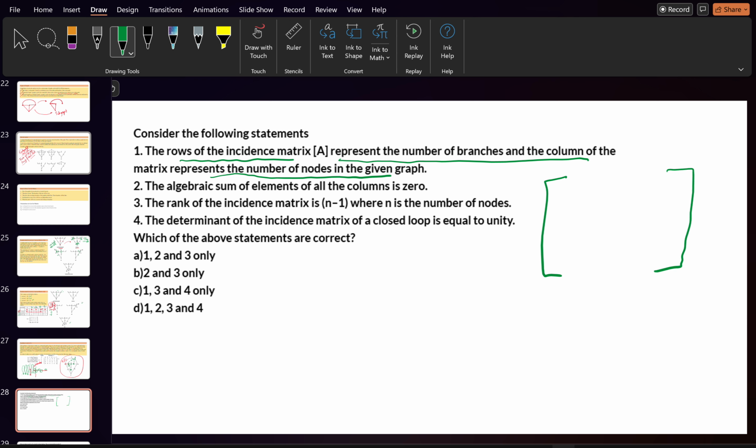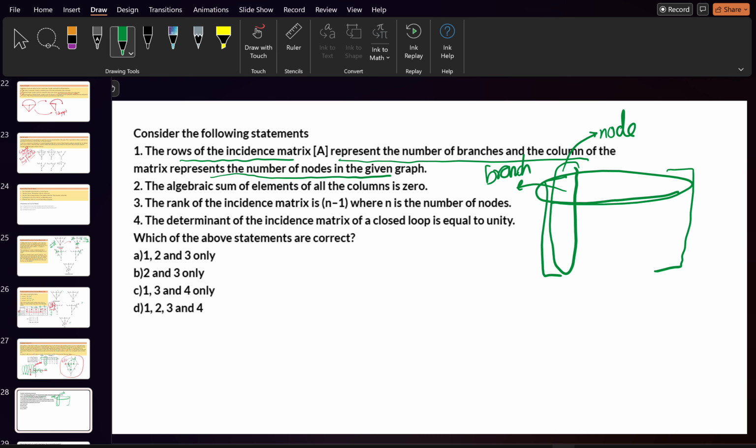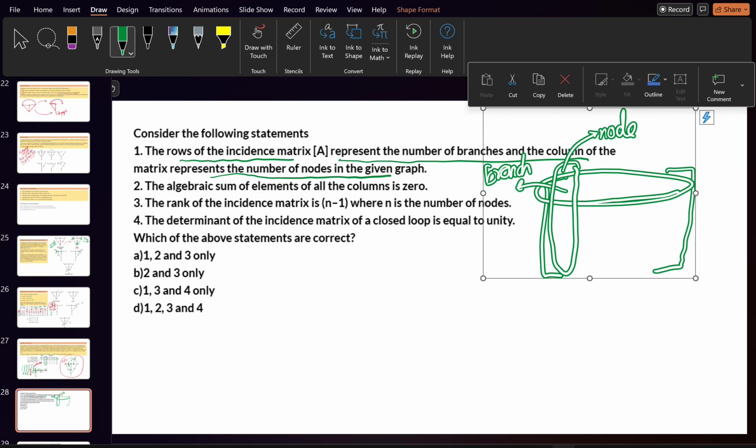It says the rows represent the branches and the columns represent the nodes. That is actually not true, because we have seen here that the rows are the nodes and the columns are the branches. So from the fundamental definition or formation of the incidence matrix, this option is false.